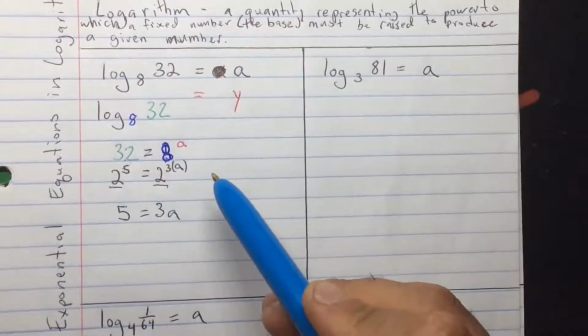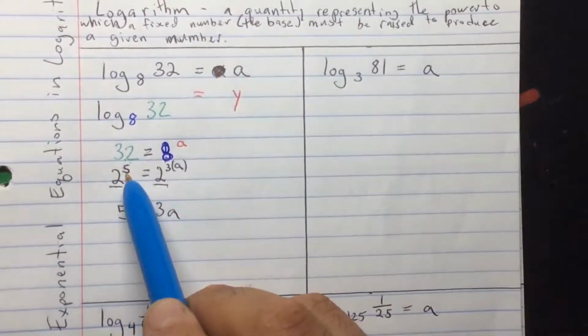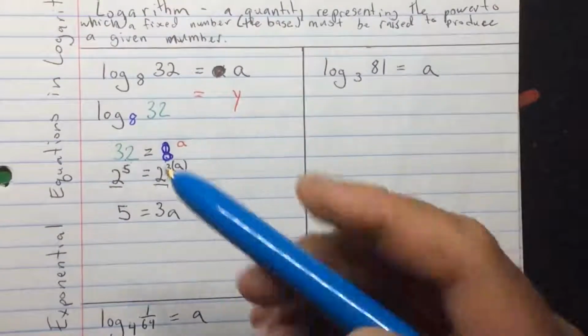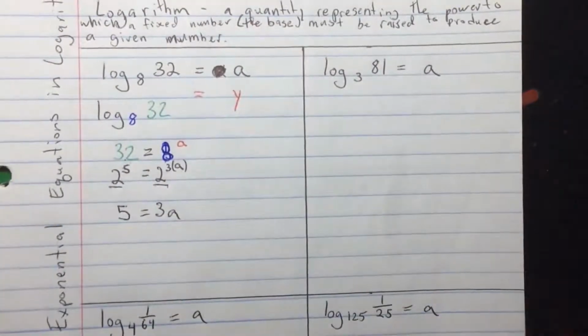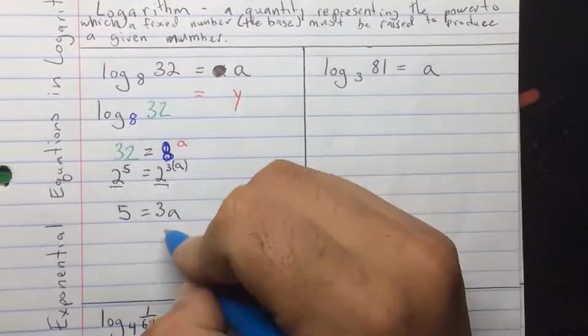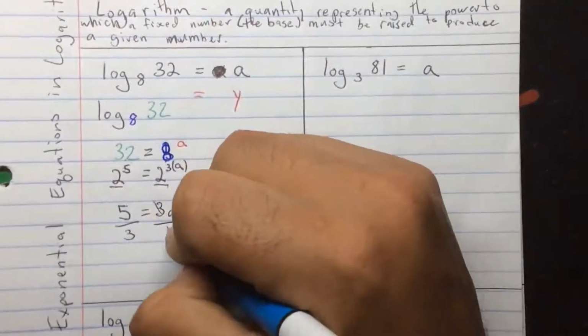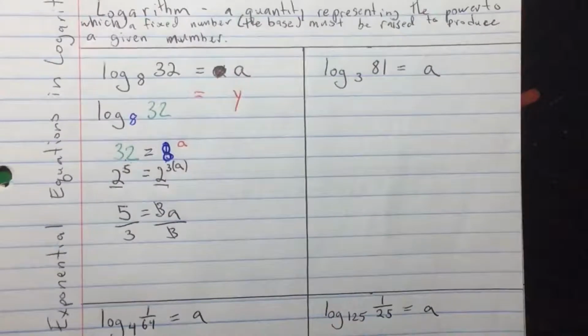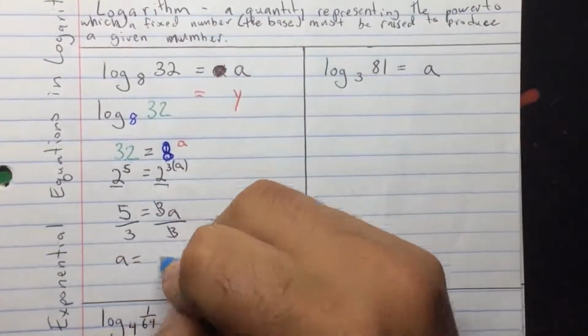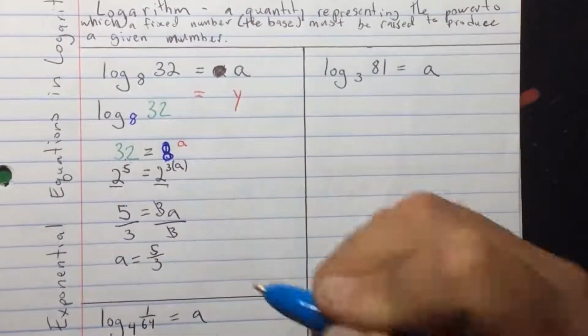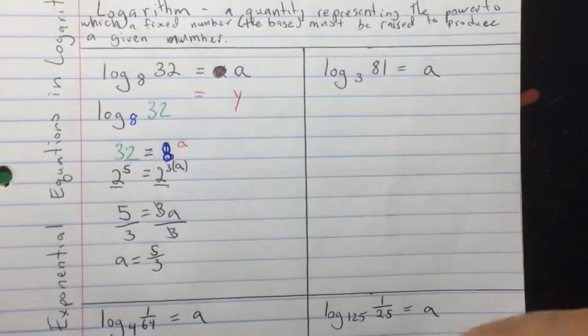And this was something we did first semester. So all we have to do now is solve for a by dividing both sides by 3. This reduces to 1, and we have that our a is equal to 5 over 3.